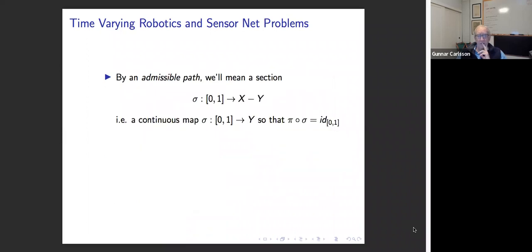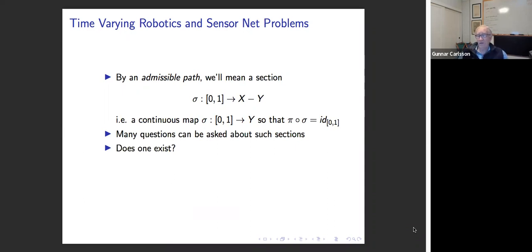By an admissible path we will mean a section like this: a map sigma from 0,1 to X minus Y. This means a continuous map from the interval 0,1 to X minus Y, so that pi composed with sigma equals the identity on 0,1. So many questions can be asked about such sections.